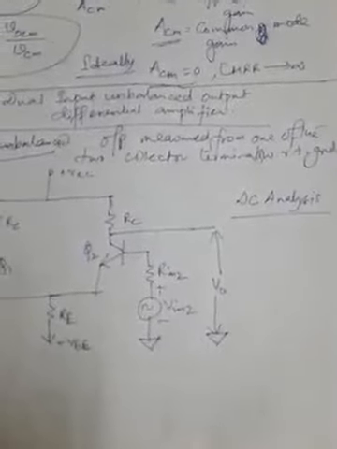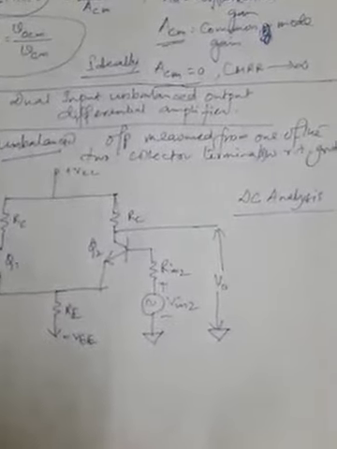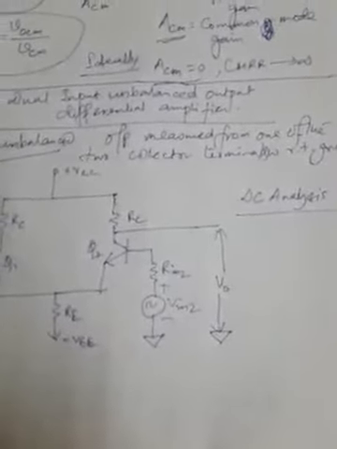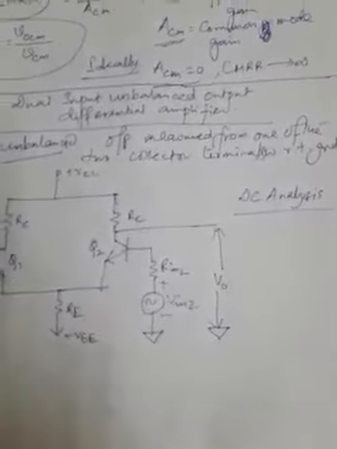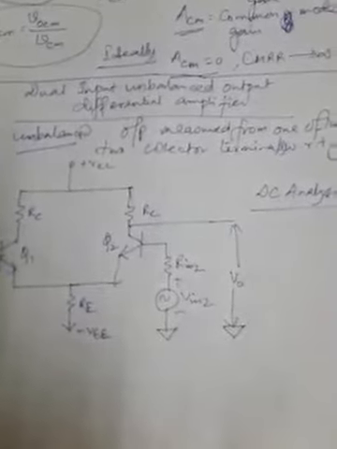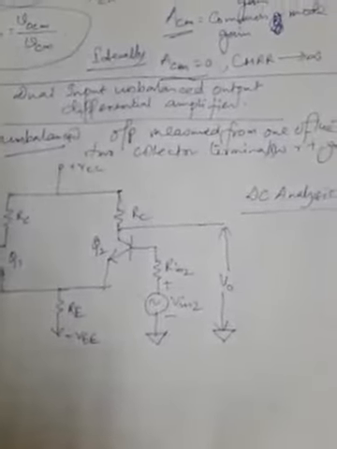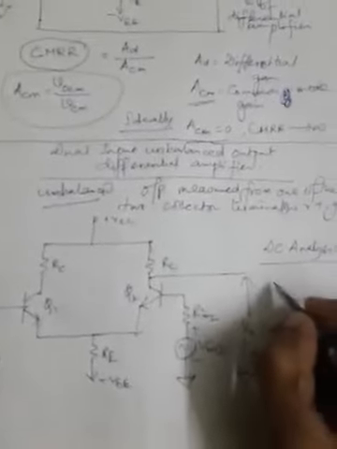Now the DC analysis procedure for this configuration is identical to the previous configuration because both configurations use the same biasing arrangement. So the emitter current and collector to emitter voltage for the dual input unbalanced output differential amplifier can be determined using the same procedure as we have followed for the balanced type. So I once again write the same equations without further deriving them.